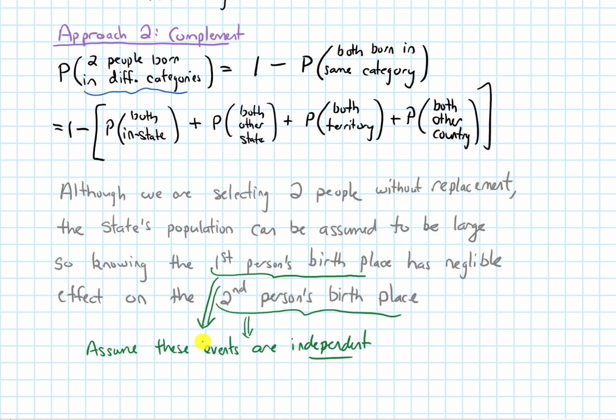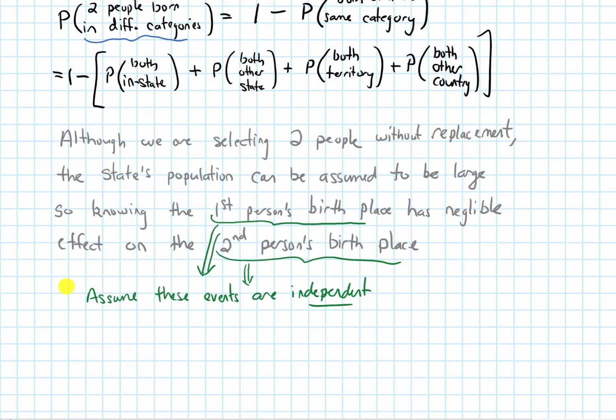Normally when you select things without replacement, knowing what the first thing you picked was affects the probabilities for the second thing you picked. But when the population is huge, even taking one person out of it doesn't drastically affect the ratios of the remaining population. Okay, so that said, let's go back to our computation.